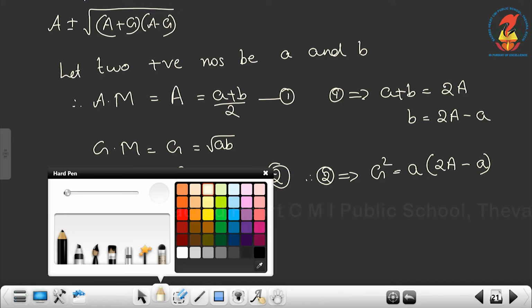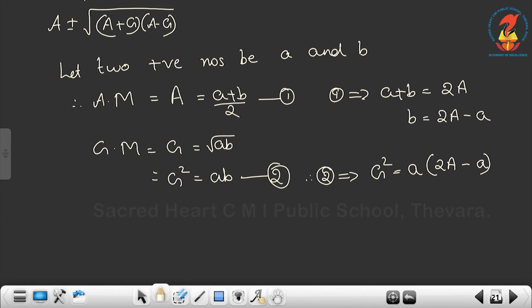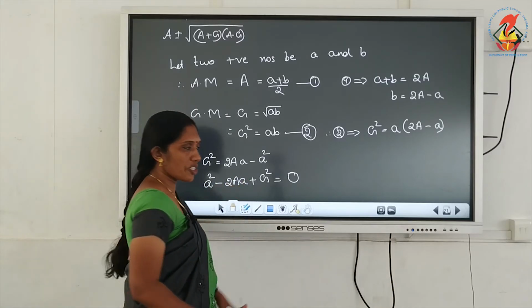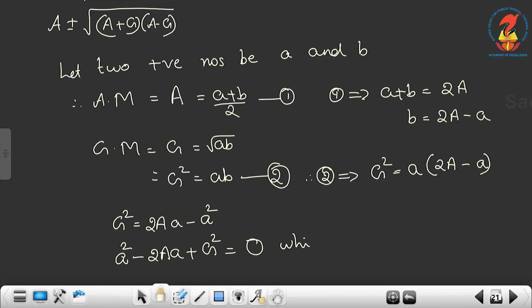Now you have to solve this equation, that is G square is equal to 2Aa minus a square. Or as a quadratic equation, a square minus 2Aa plus G square equal to 0. This is a quadratic equation in small a.